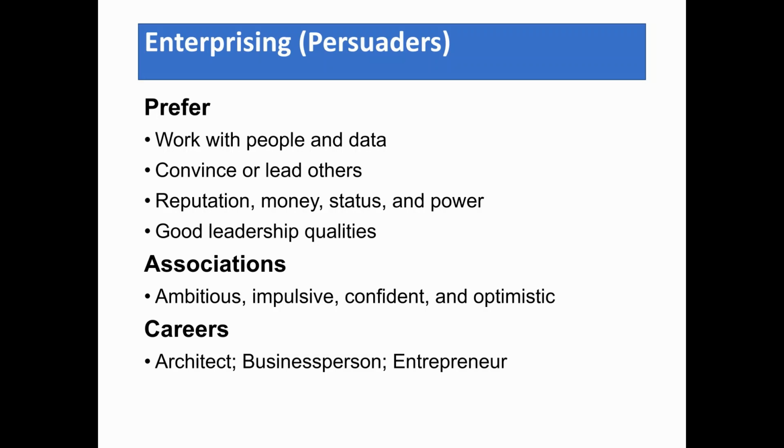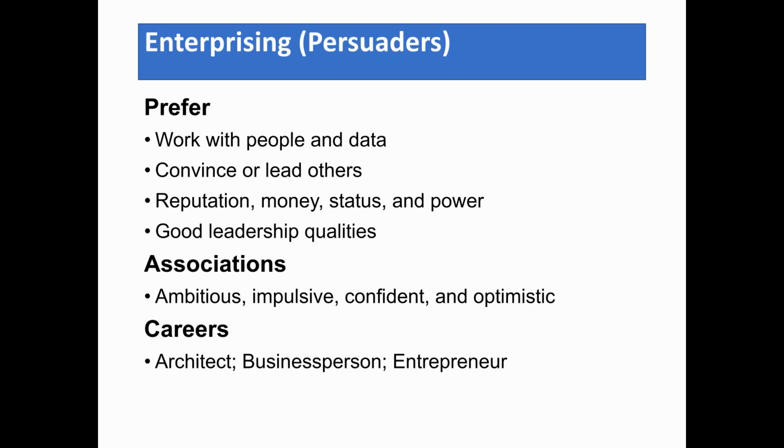Another dimension to look at those people is that they prefer reputation, they prefer power, they prefer money or status. That's where the leadership qualities also come in terms of association. Maybe those people are much more ambitious, because it's like a leadership quality, or they are optimistic in that way.